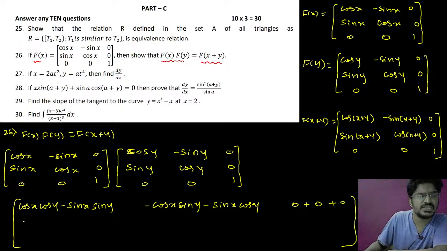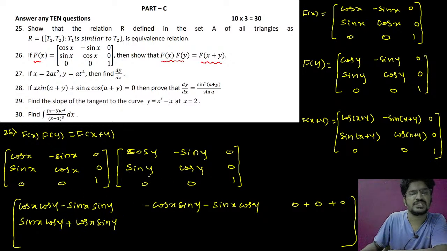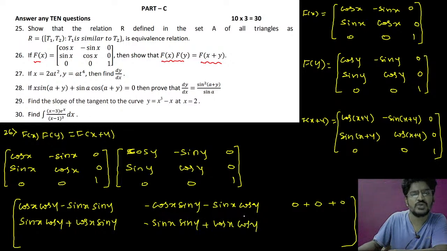So now you just see this is second row, first column: sin x into cos y plus cos x into sin y, and next third term is 0 into 0 is 0. Clear? Next, second row, second column: sin x into minus sin y is minus sin x sin y, cos x into cos y plus cos x into cos y.